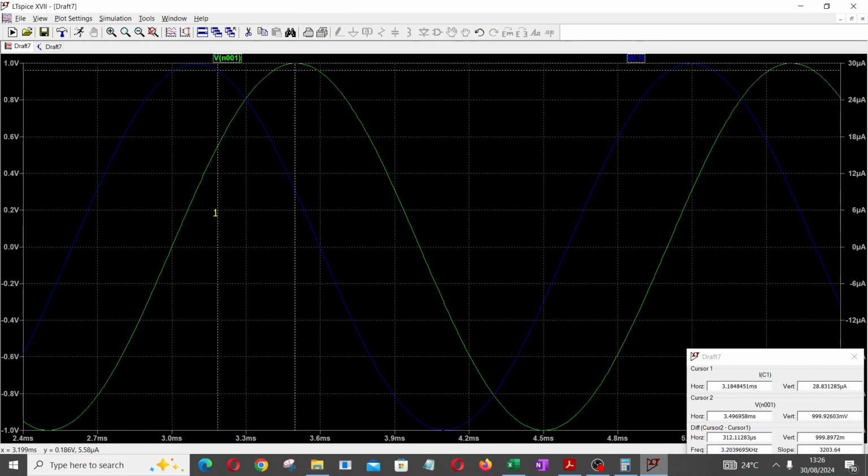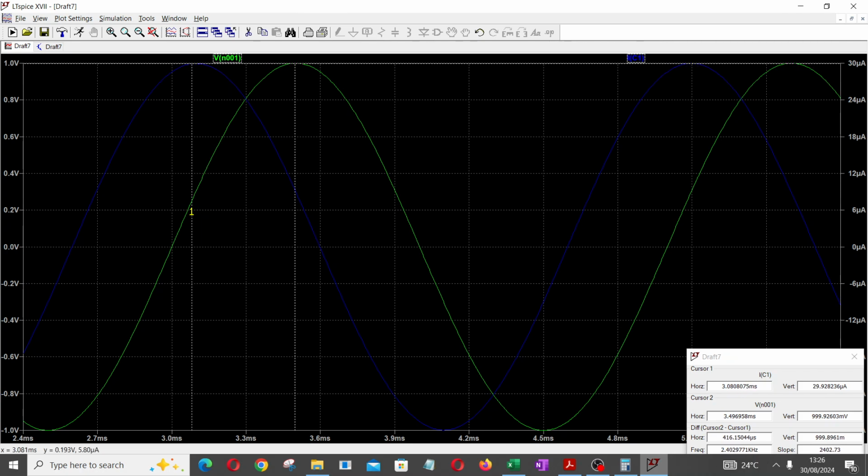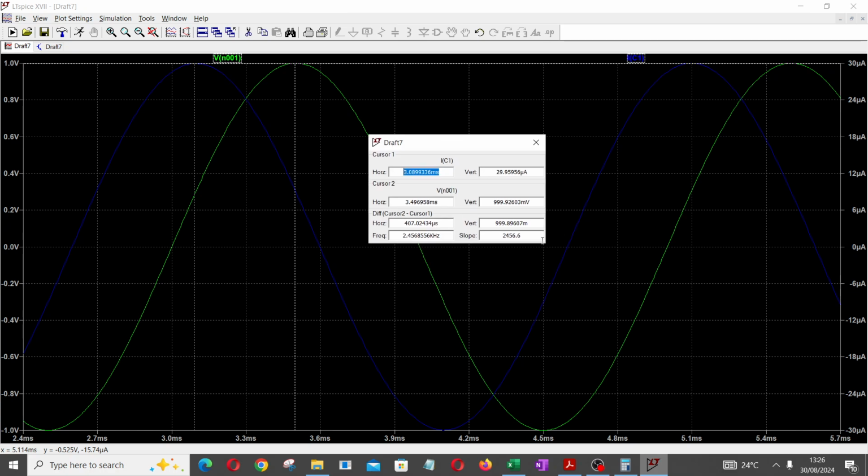Unfortunately, there's no way for me to expand this so that you all can see what I am trying to measure.